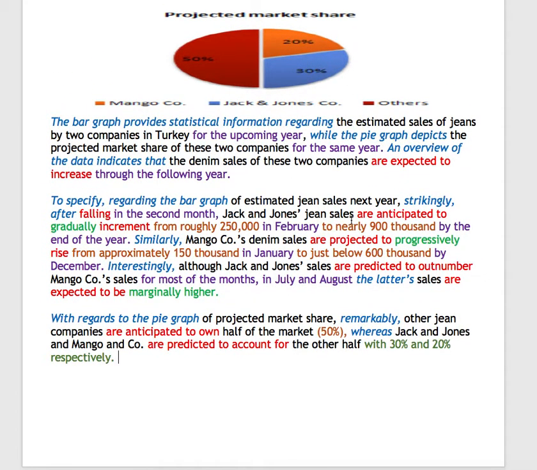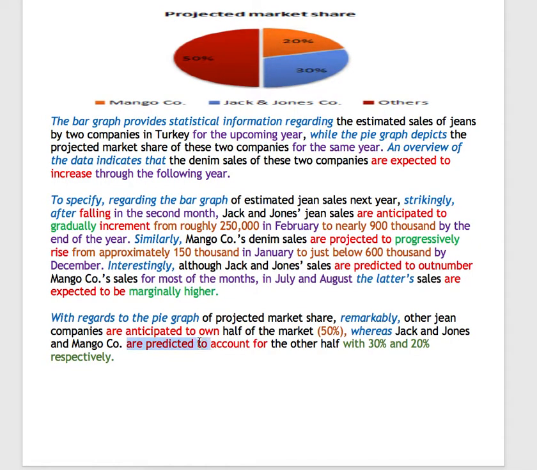Whereas, while Jack and Jones and Mango Co. are predicted to, again, account for or be the other half. So other companies have the other half, those two, with 30% and 20% respectively. Good.